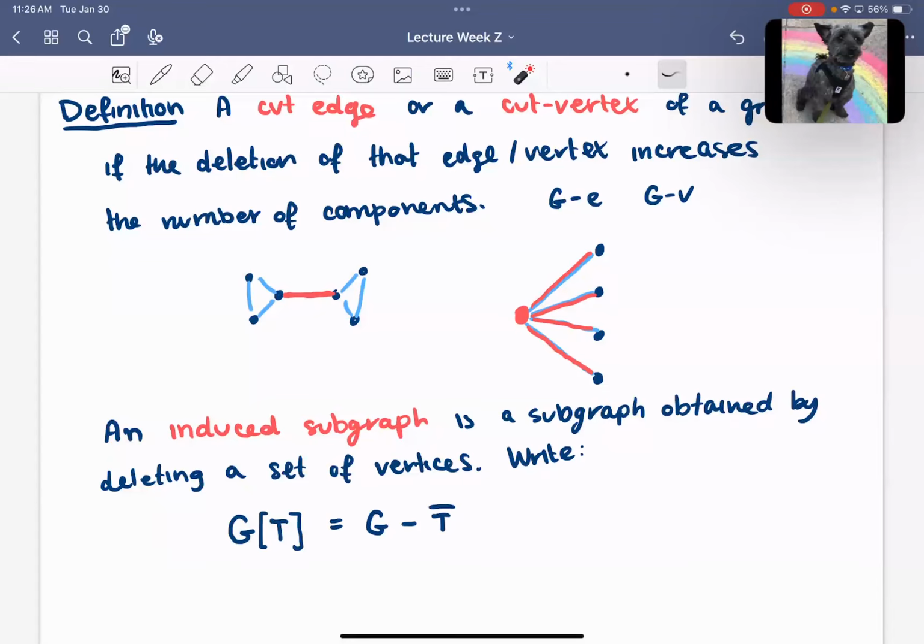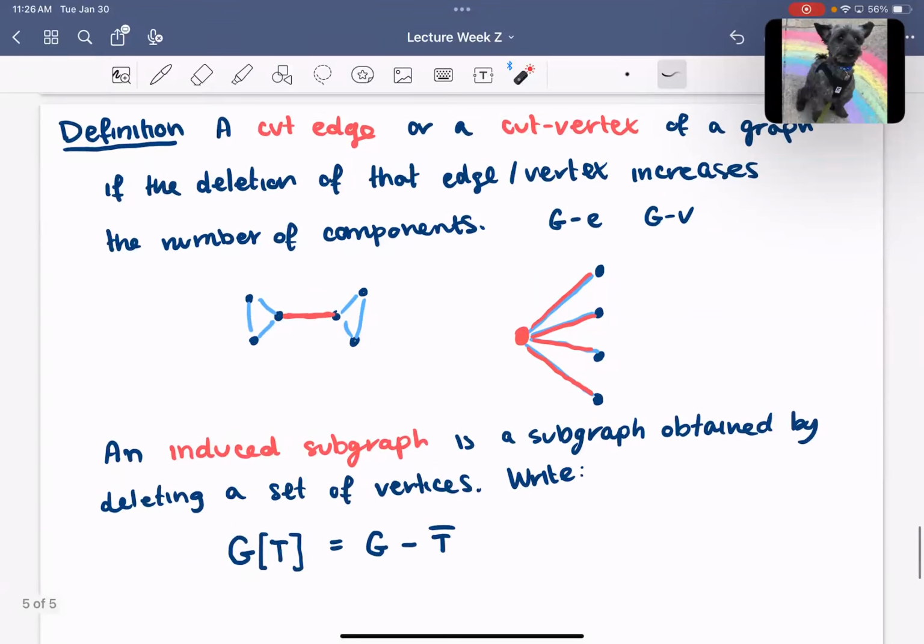Okay, so we're going to prove a theorem about cut edges. What I want to do is be able to say when an edge is a cut edge or not. Does anyone have a prediction about when something is a cut edge, or what a condition might be?